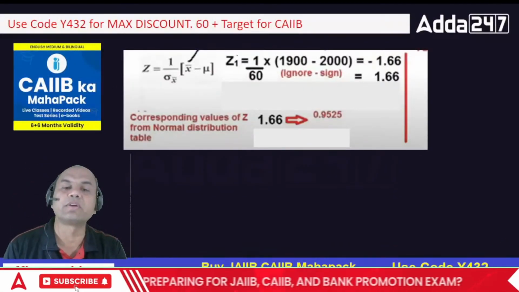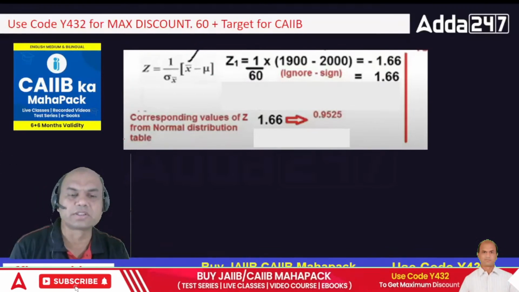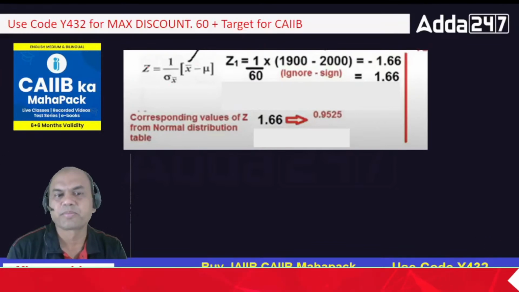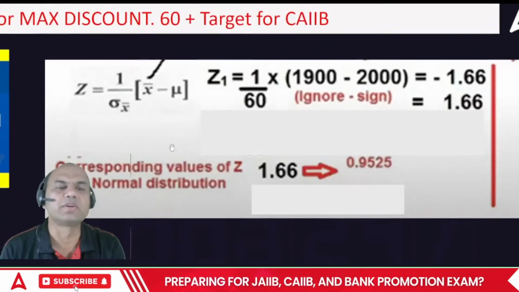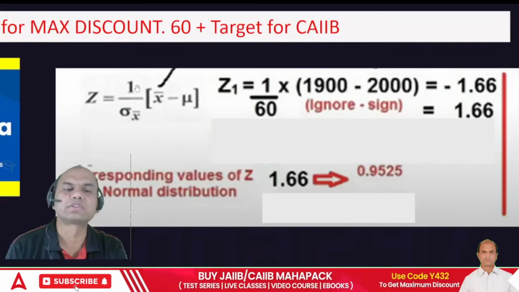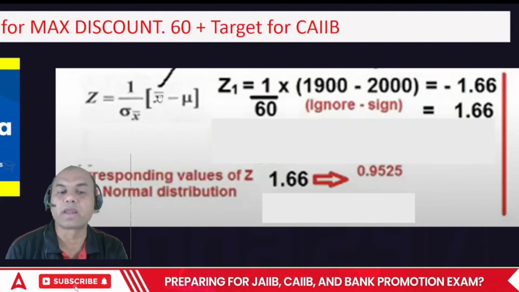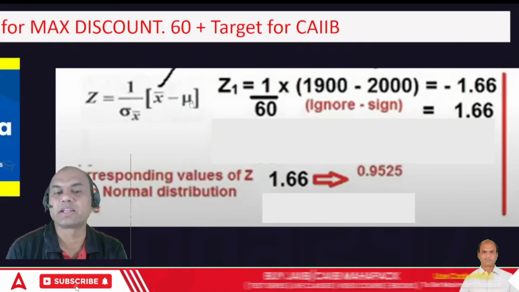How to find out the Z value? See this, Z has a formula. Z equals 1 upon psi x bar, where psi x bar means standard error, into the bracket x bar minus mu.